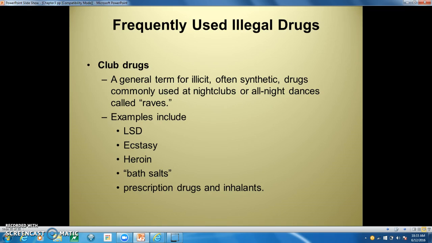Some other illegal drugs are club drugs, a general term for illicit, often synthetic drugs commonly used at nightclubs or raves. Ecstasy is the most popular of the club drugs. Over 10.5 million people aged 15 to 64 worldwide use ecstasy, and 5.5% of Americans aged 12 and older report using it at least once.